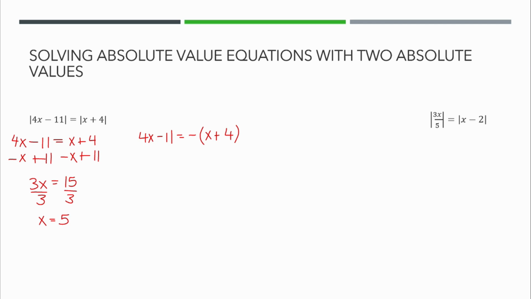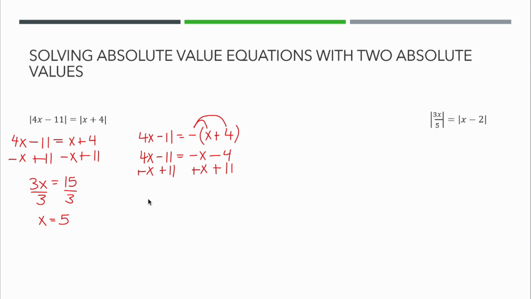So we negate the whole expression x plus 4, and we end up with 4x minus 11 is equal to, we distribute the negative, negative x minus 4. Okay, now we add x to both sides. We add 11 to both sides.